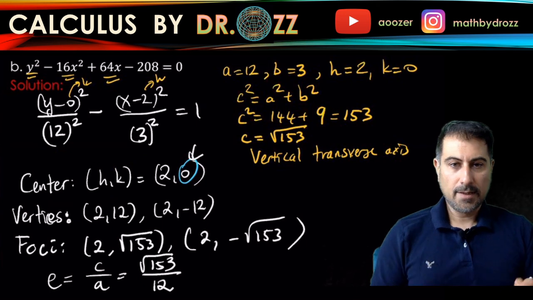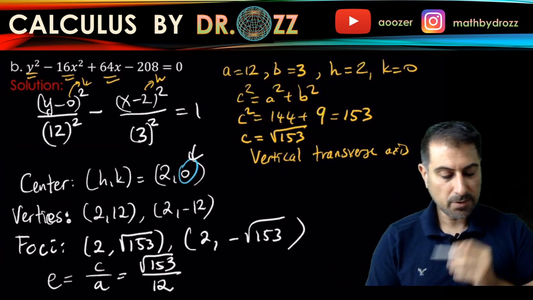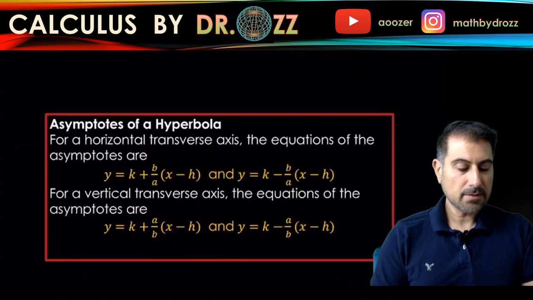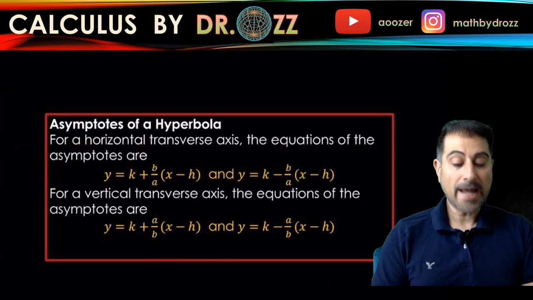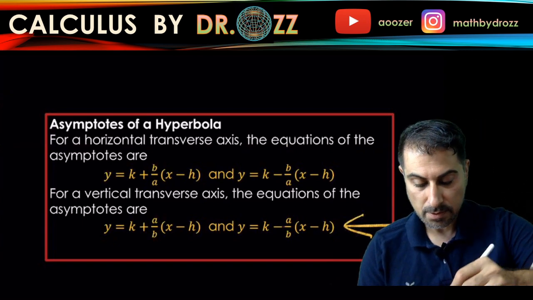We're almost done, except the asymptotes, right? Let's go back to the asymptotes. When we have a vertical transverse axis, these are the formulas for asymptotes: k plus a over b times x minus h, and k minus a over b times x minus h.